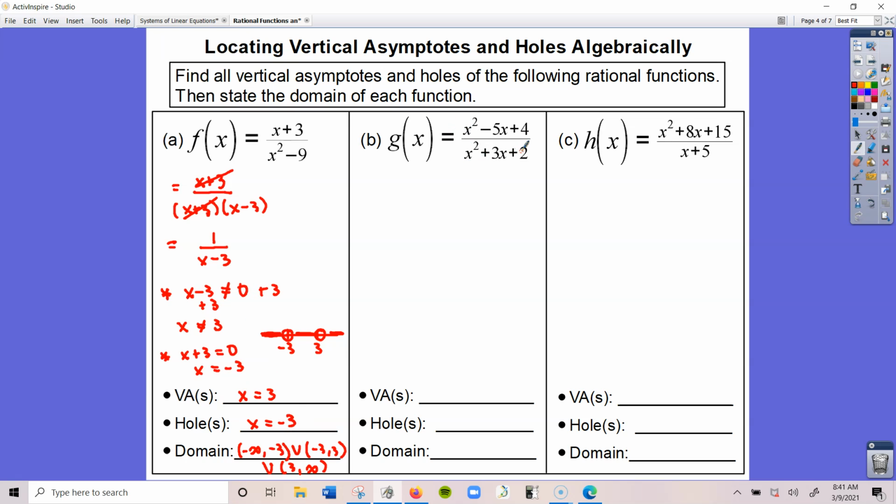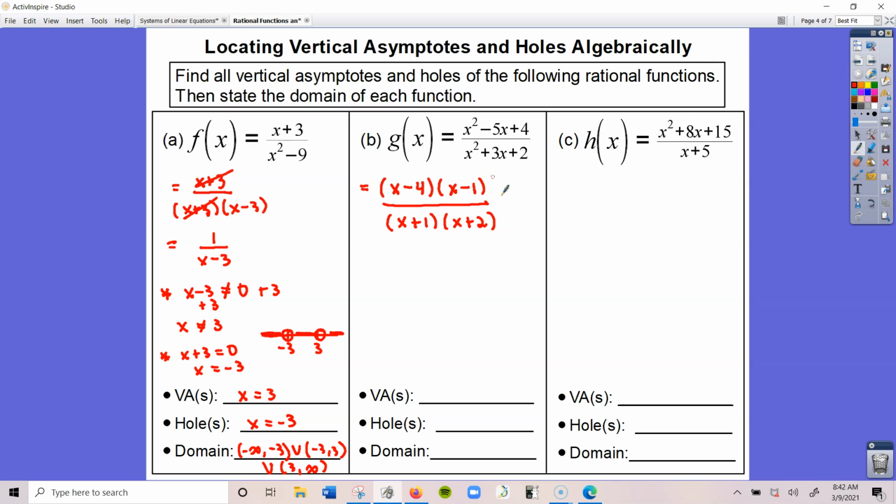Now here for this next one, we have g of x is equal to x squared minus 5x plus 4 over x squared plus 3x plus 2. So first we're going to factor everything. The numerator can be factored to be (x minus 4)(x minus 1), and the denominator can be factored to be (x plus 1)(x plus 2).